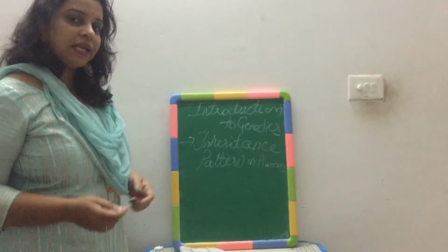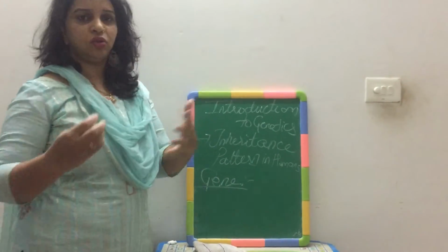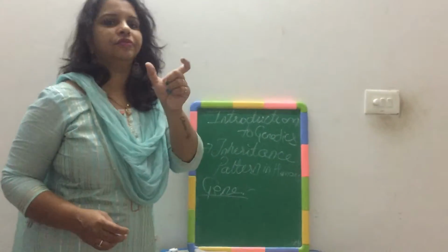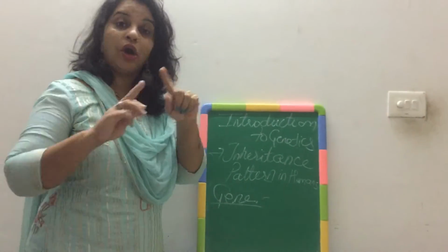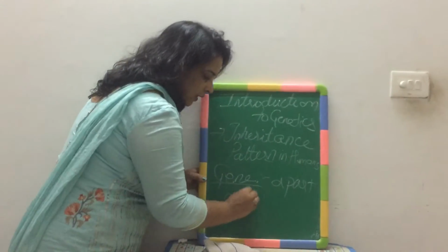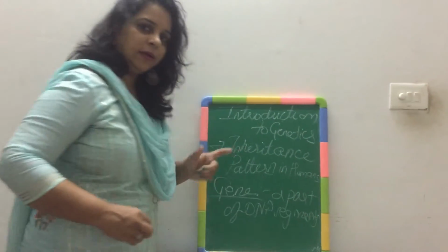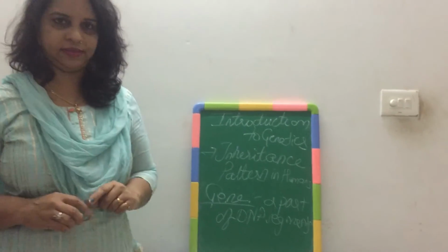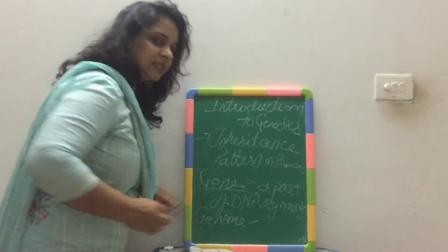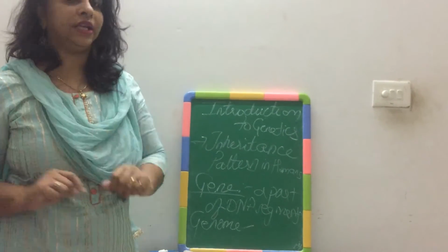Next concept is gene. When we say gene, it means a part of a DNA segment, not the entire DNA, which determines the hereditary characteristic. And what is a genome? Genome is the full complement of the DNA present in an organism.